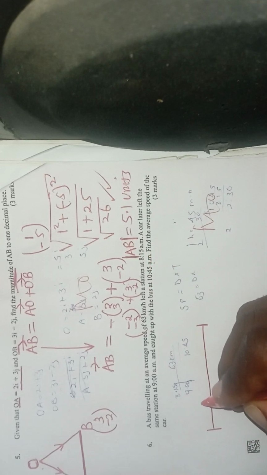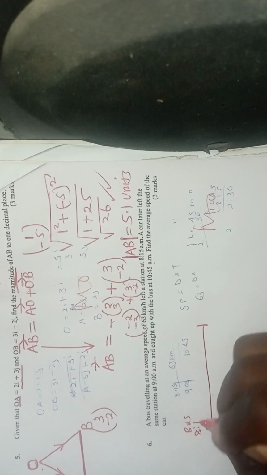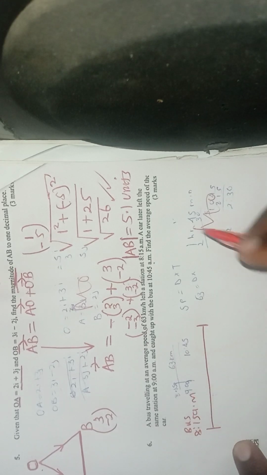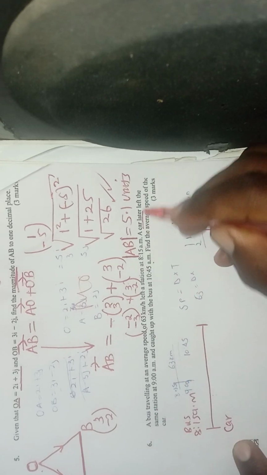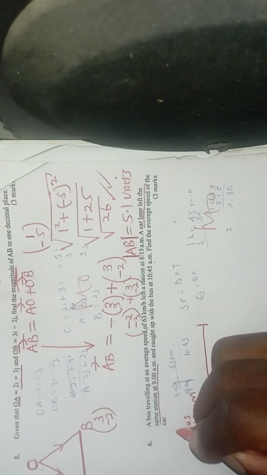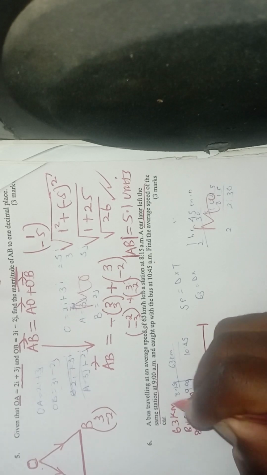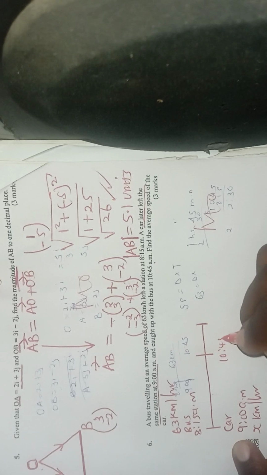So this is a bus leaving a station at 8:15 a.m. and we have a car leaving the same station at 9. The bus is moving at a speed of 63 kilometers per hour, but the speed of the car is not known. Let's call it x kilometers per hour. And they end up catching up with each other at 10:45 a.m.